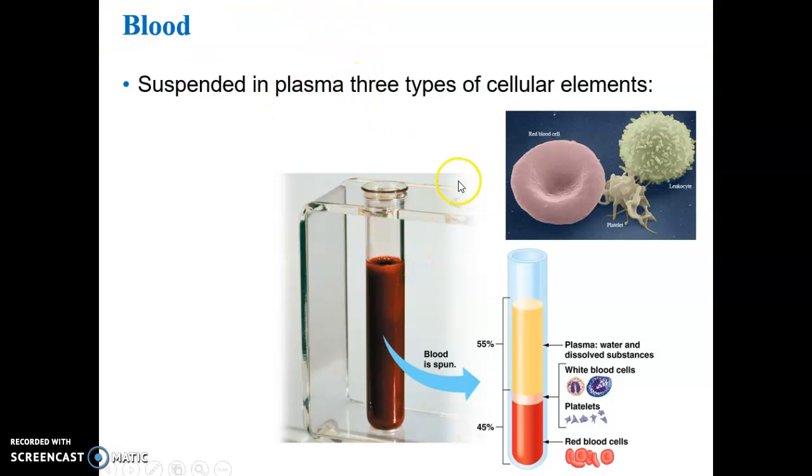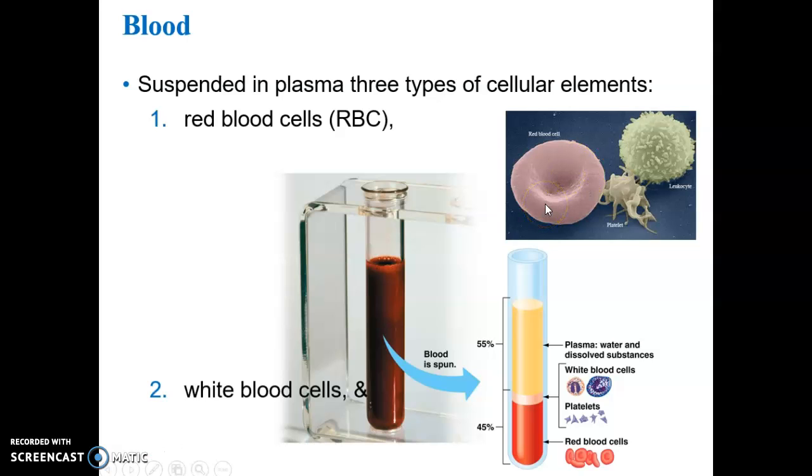Suspended in the plasma are 3 types of cellular elements. This is before spinning, okay? So the whole blood before separation, before centrifugation, within the plasma there are red blood cells, RBCs, which are the most numerous of the cells in blood.